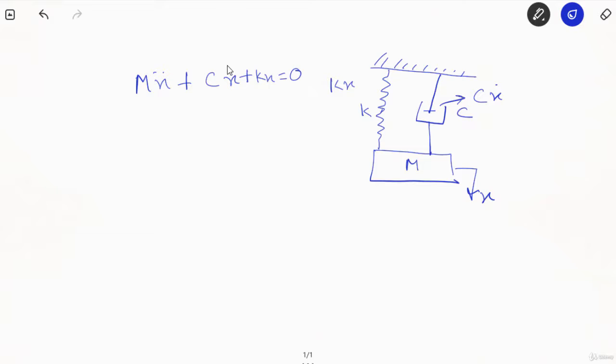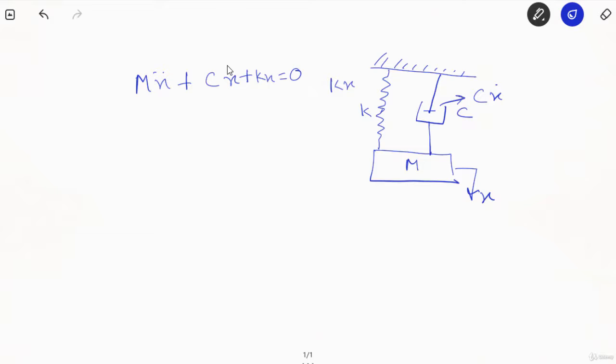Now, in order to solve this equation, because the solution of this equation would lead to many results, I'll discuss those results one by one, right? Upon solving this differential equation, we will get our solution.